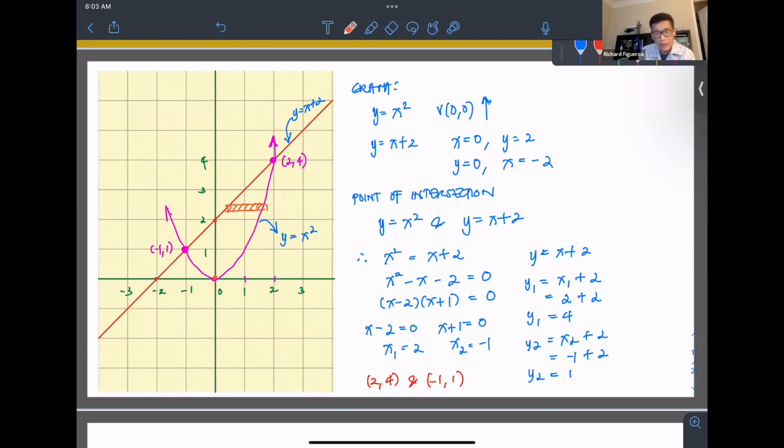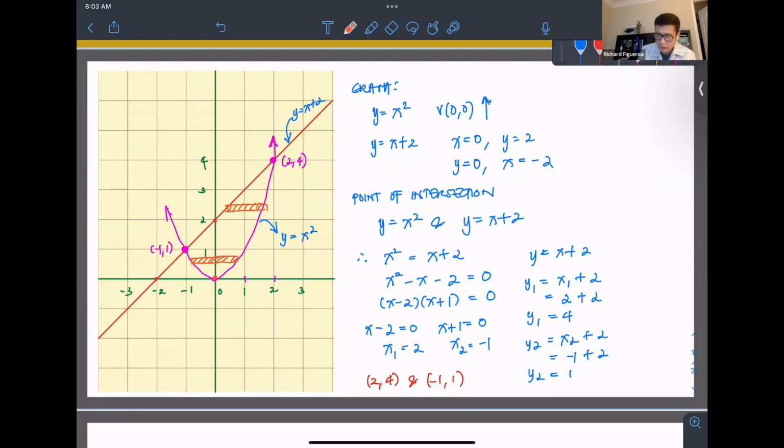So that makes it possible. However, if I move the strip up to the bottom part, there the problem lies. The left and right-hand sides of the strip belong to the same function, which is the pink graph. Therefore, it is not advisable to use a horizontal strip for this particular problem.